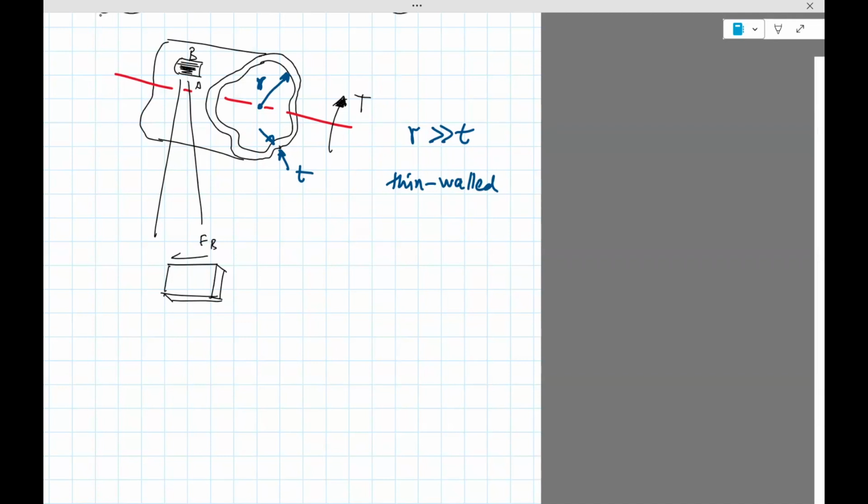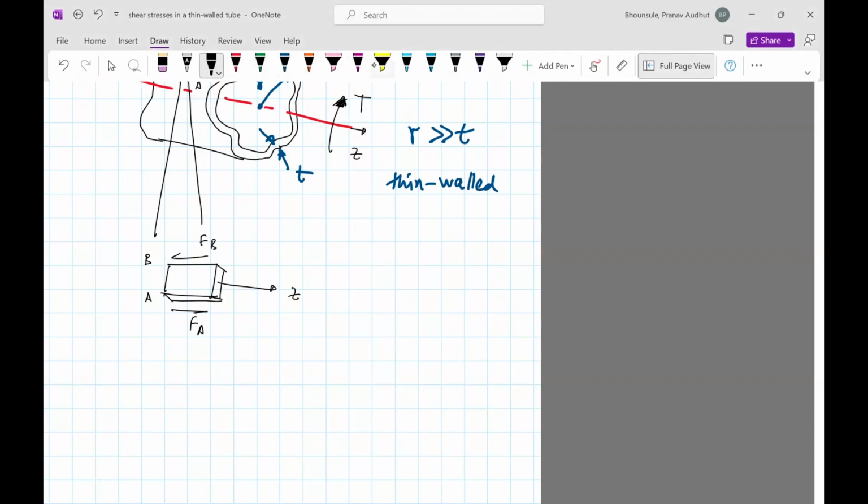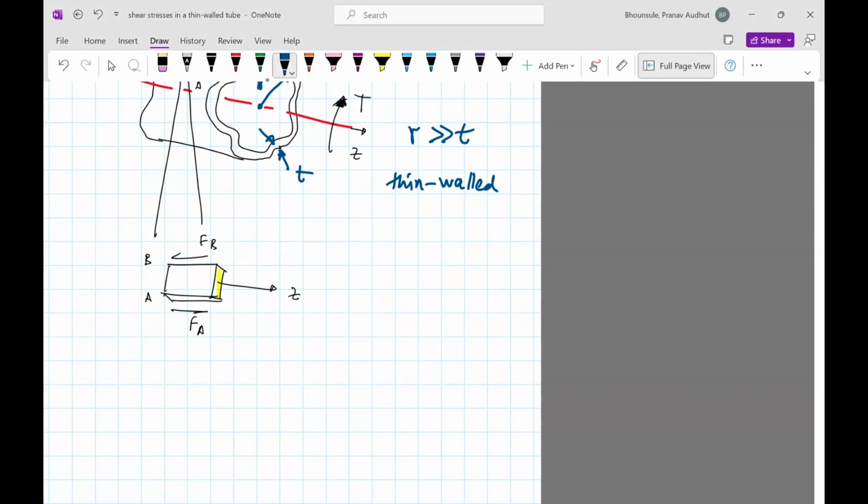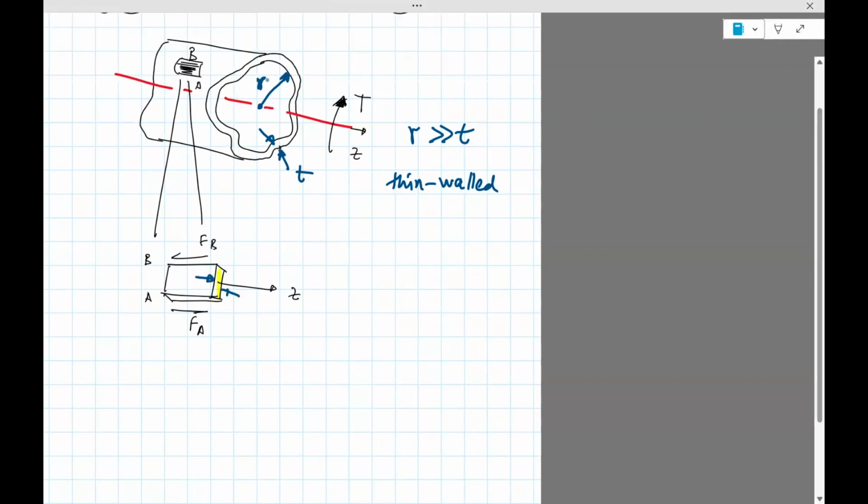Let's call that FB, FA. This is the Z direction, and this is basically where the thickness is.